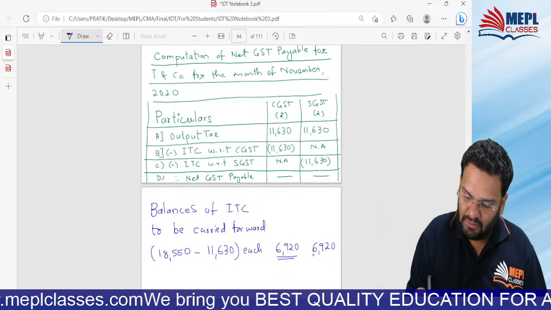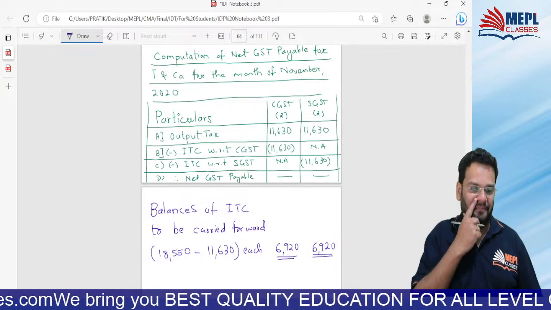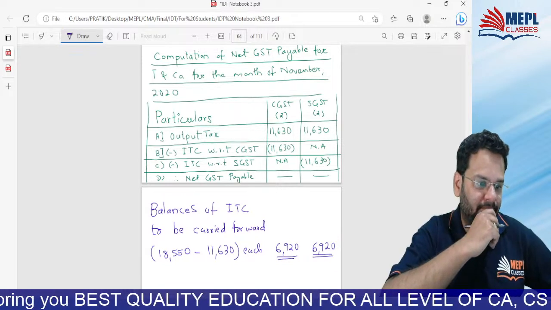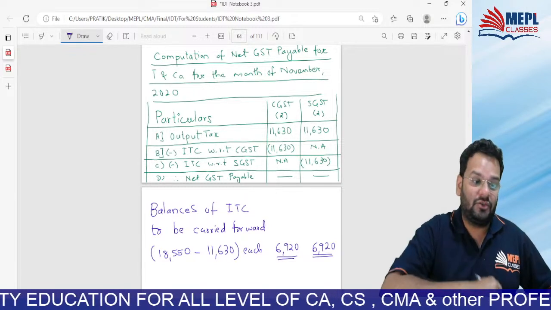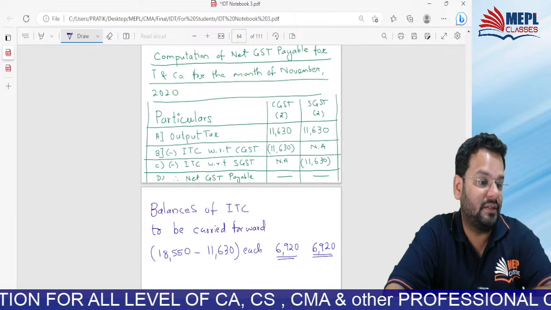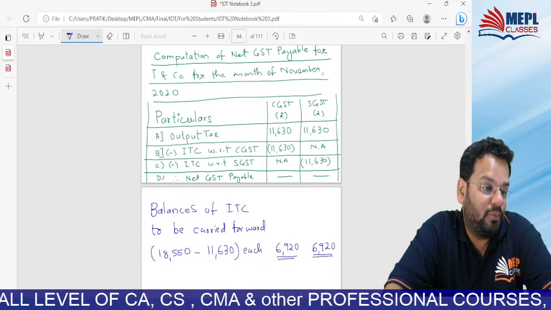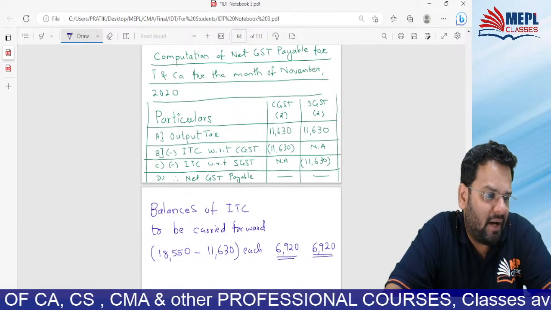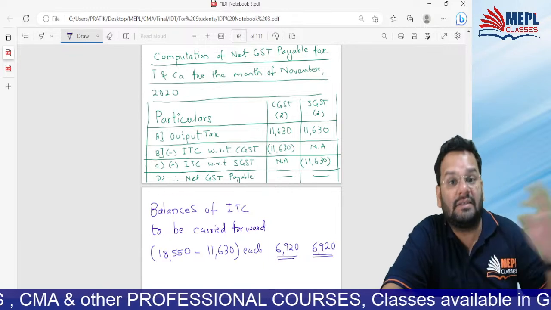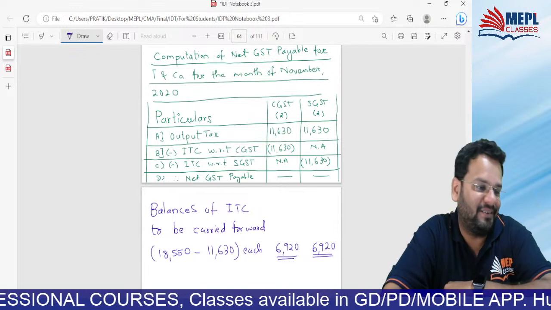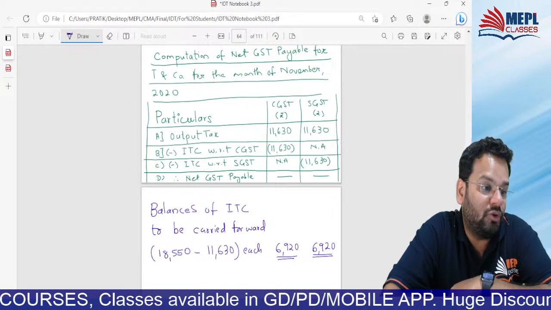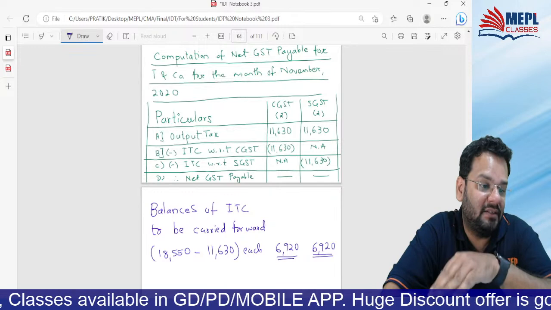Did you all get the point? One student is asking one question. Suppose inputs were in IGST terms, meaning there was a purchase from another state, and outputs were intrastate, as in this case.